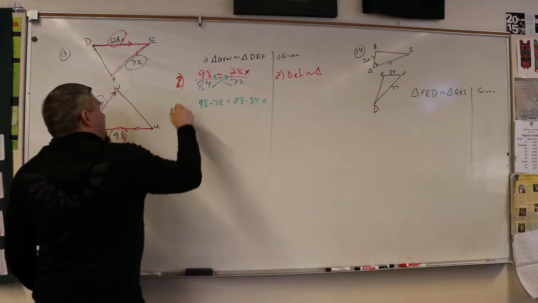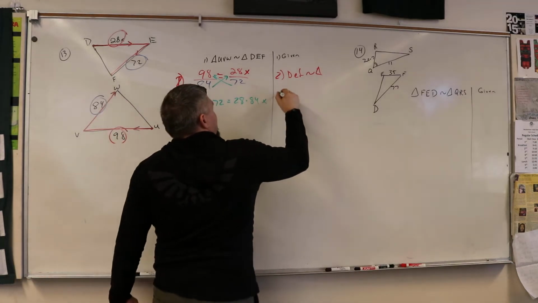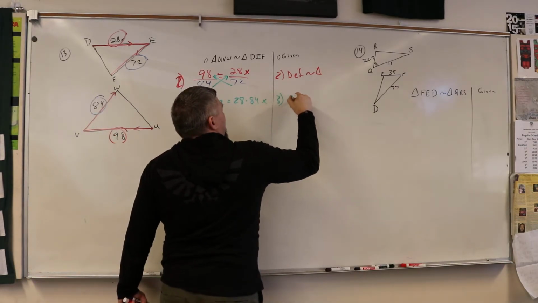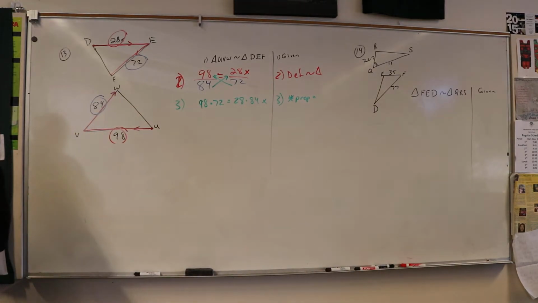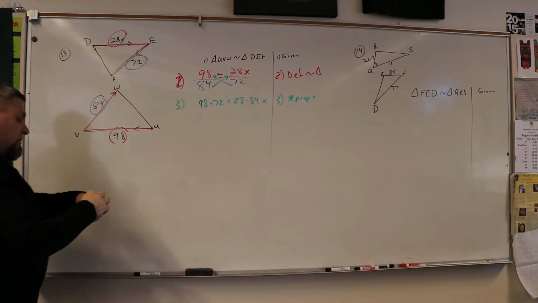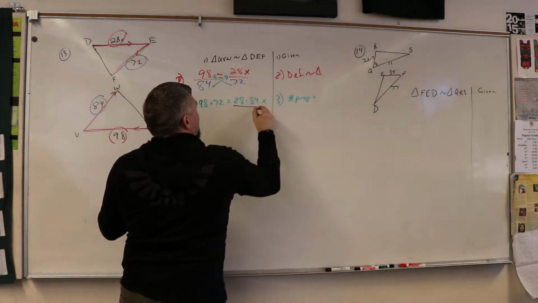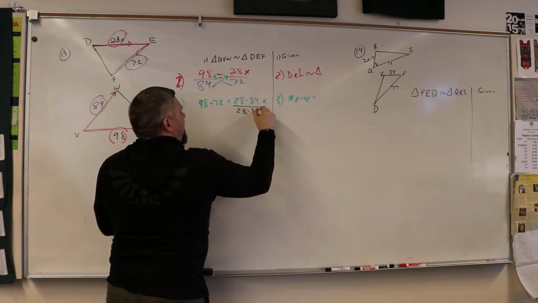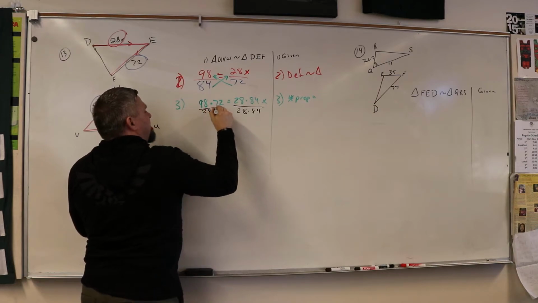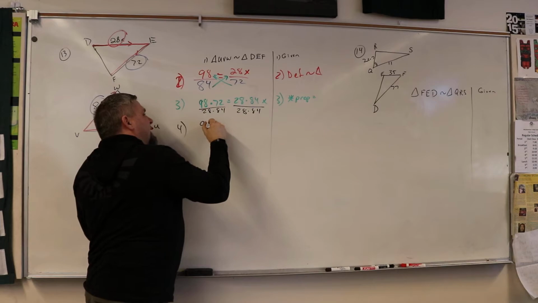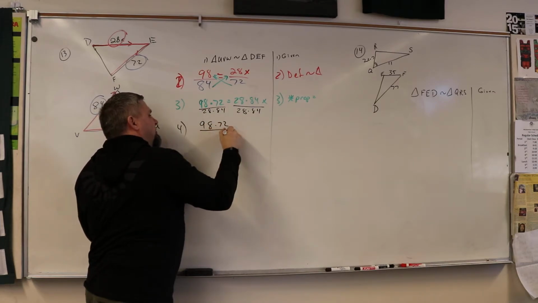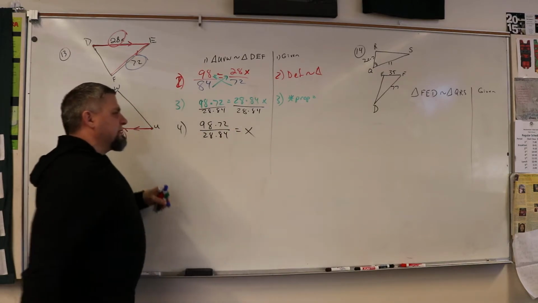And all that is multiplication property of equality. And then we're going to divide, right? So then we will divide by 28 times 84 on both sides. And so what we get is 98 times 72 divided by 28 times 84 equals x.